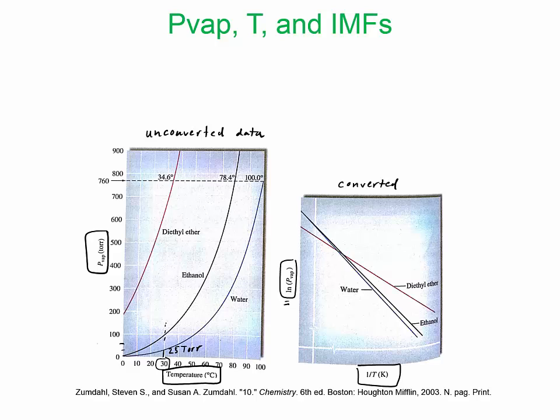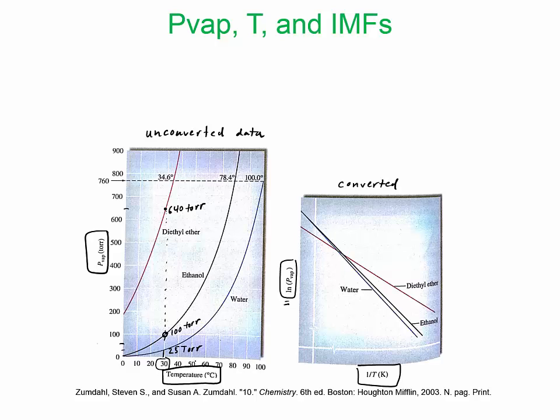Then let's keep it at 30 degrees, and we see ethanol is around 100 torr. And if we keep going up and look at this other substance, diethyl ether, we see that it's around 640 torr, a massive 640 torr, at the same temperature that water would be 25 torr.